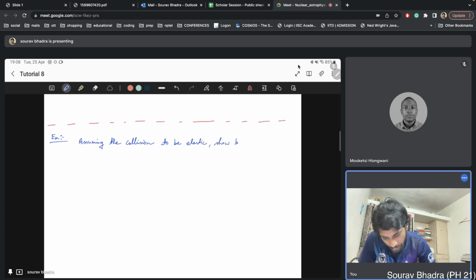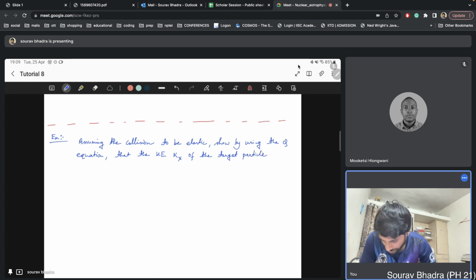So by using the Q equation, the kinetic energy Kx, K of capital X, kinetic energy of the target particle, Ky, Kx.